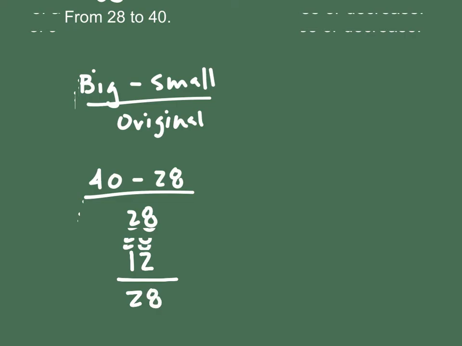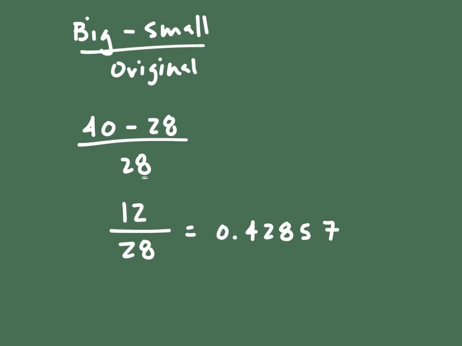If we divide these numbers, that's going to give us 0.42857. Let's turn this into a percent by moving the decimal to the right 2 spots, and so we get 42.857. This is our percentage. Now, if we're rounding this to the nearest tenth of a percent, here's my tenths spot. Look at my number to the right.